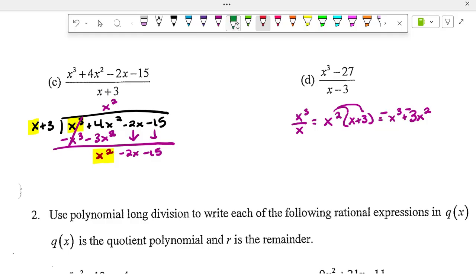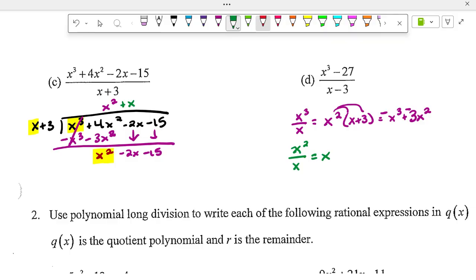All right, so I'm going to do x squared divided by x. What's x squared divided by x, Lanaya? X, good. So I'm going to put a plus x here.